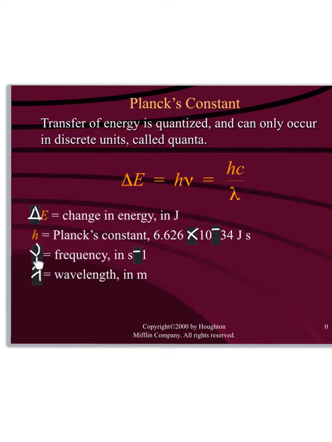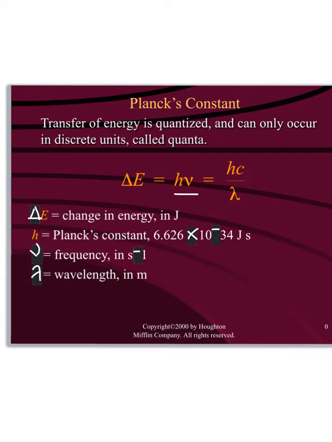So we've seen nu before. We know nu is frequency, and we know that lambda is wavelength. Now we can calculate the energy. The energy of the light or the energy of the wave is found by using this equation. So the change in energy equals h nu.